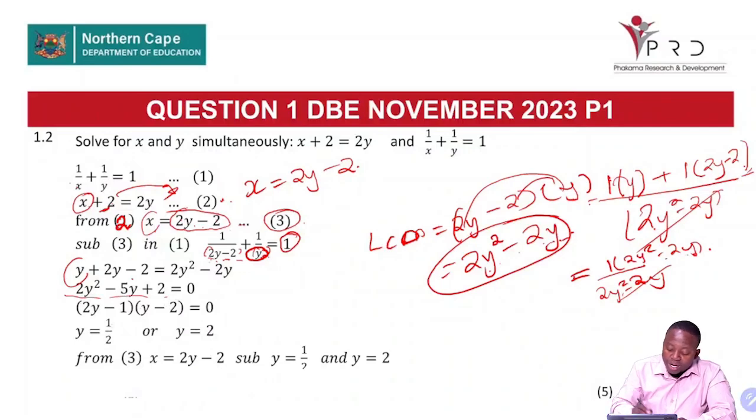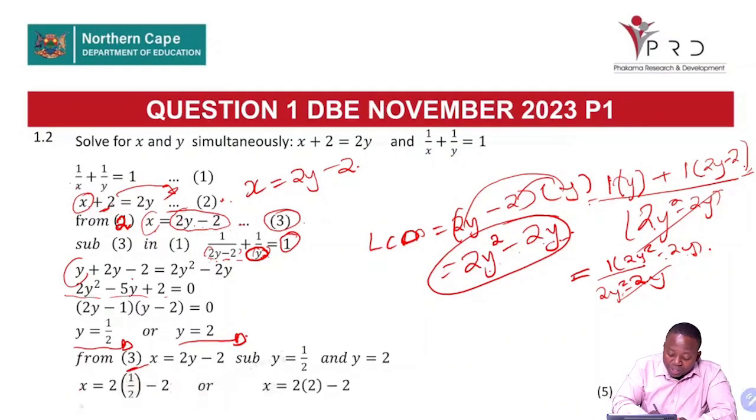Thereafter, we now substitute what we found. We found the values of y. So we take these values of y, we substitute them in equation 3. Then we will find the corresponding x values. So equation 3 is x is equals to, already given in x format. For the first one, where there is y, I substitute 1 over 2.